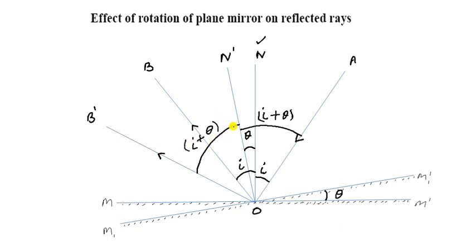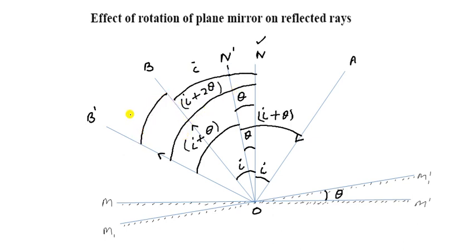As you know, this is I plus theta, but this angle is another theta, so the total angle is I plus 2 theta. But we know that this angle is I and this angle is I. After subtracting, this angle becomes 2 theta, and that is the difference between the reflected rays, 2 theta, and here the mirror rotation is theta.